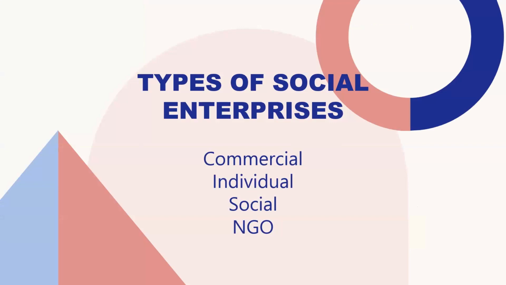Now, there are different types of social enterprises that you do have, but I've classified them into 4. The first one is the commercial. This is what you see with all the multinationals, they always generate very, very high profits.